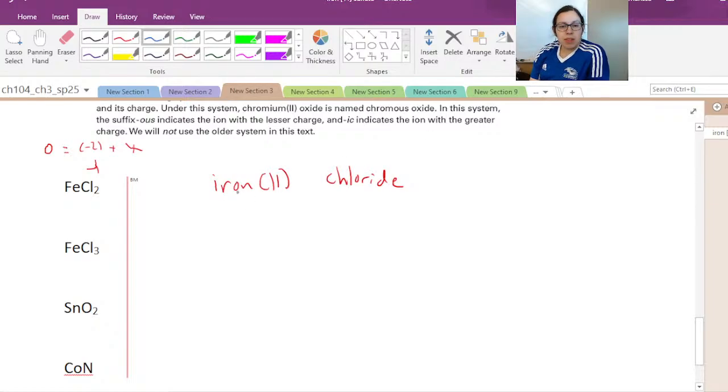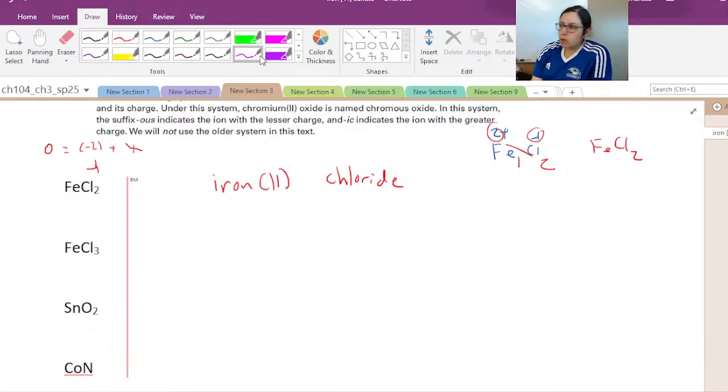So we have iron 2 chloride, which means iron 2+ oxidation state, chlorine -1. To solve the algebra, we have two variables, x and y. The easiest thing is to bring the numbers down and do the swap trick. So now we get FeCl2 back out.